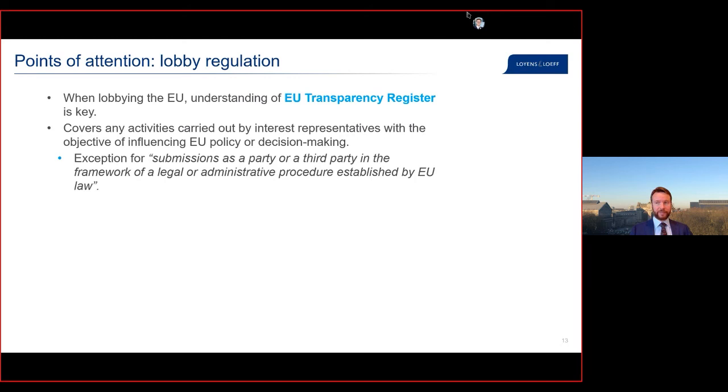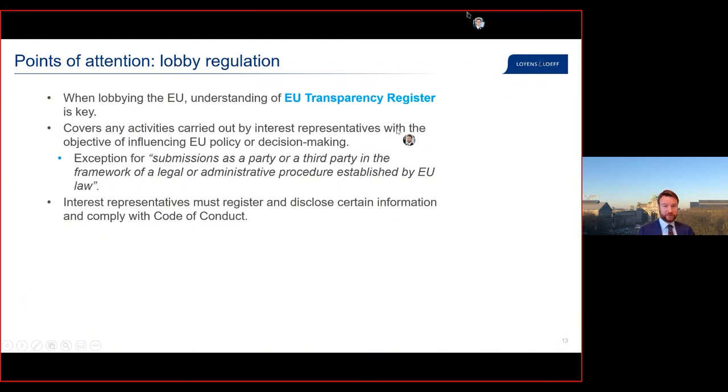However, in order to make a successful campaign, it is very useful to be able to contact the Commission already prior to submitting that complaint. Therefore, it is still important to register as a lobbyist or to work together with entities that are registered. What does this entail?